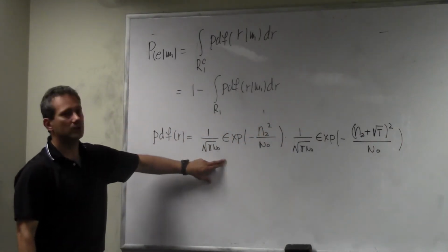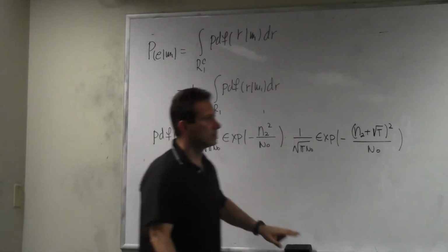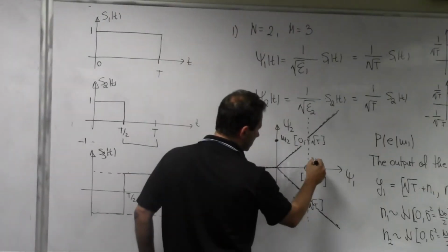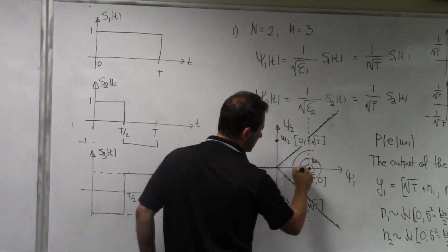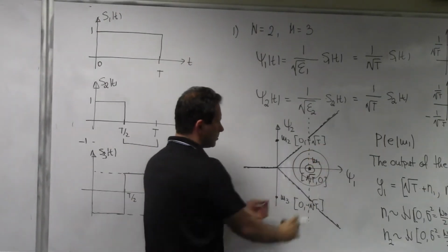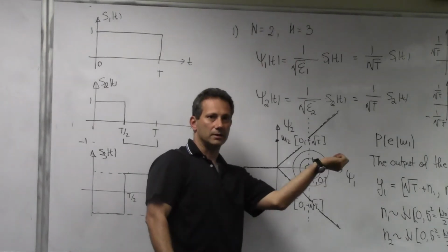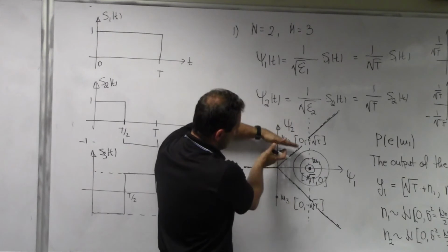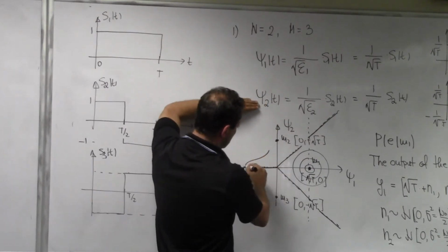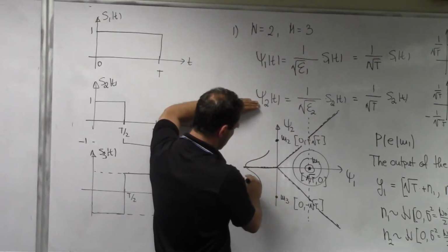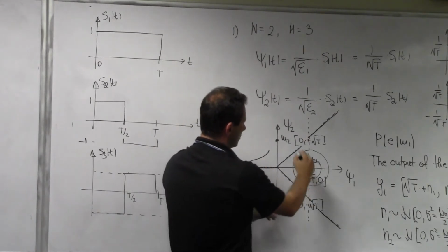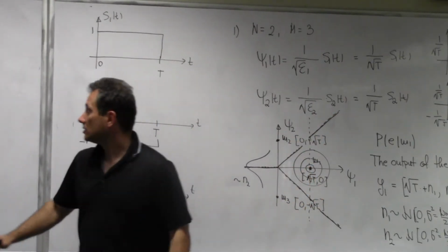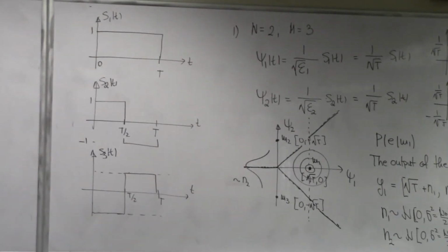If you look at what this is, it's a bell, just a bell. It's centered around this area. Take this point out of the board and make it like a bell. It is normal in this direction, so this is the distribution relative to n2. And it's also normal in this direction, but it's centered around the square root of E, so I need to put a minus here.